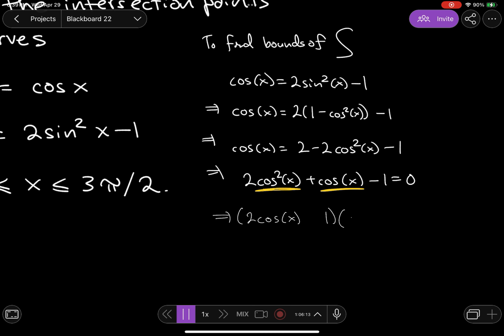Something 1, this one's just going to be cosine of x, something 1 as well, but I have to figure out which one's negative. Nope, that one's positive, and this one's negative. There you go. So that implies that cosine of x is either equal to 1/2 or the cosine of x is equal to -1.